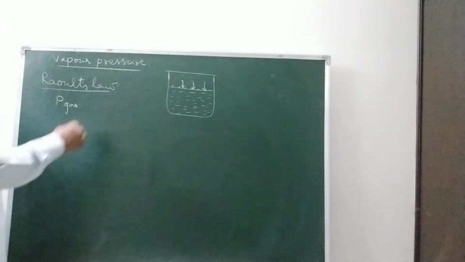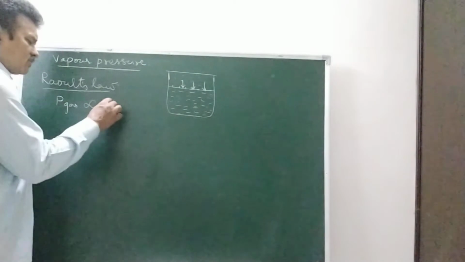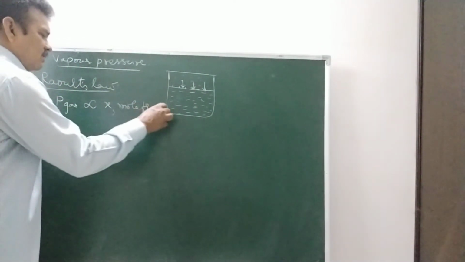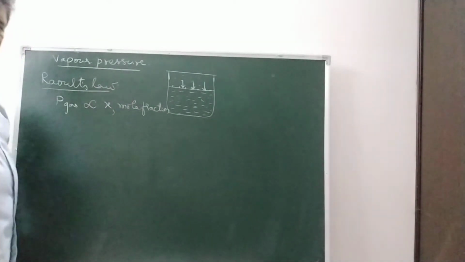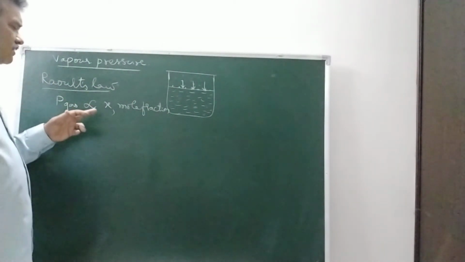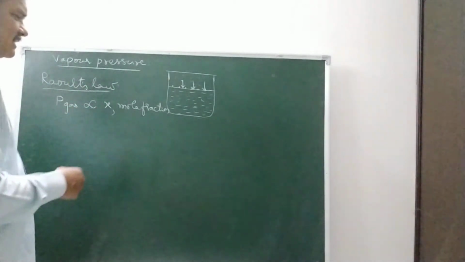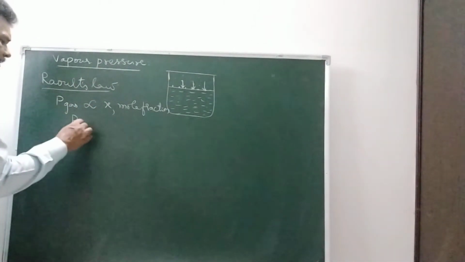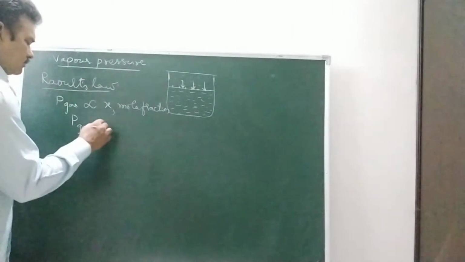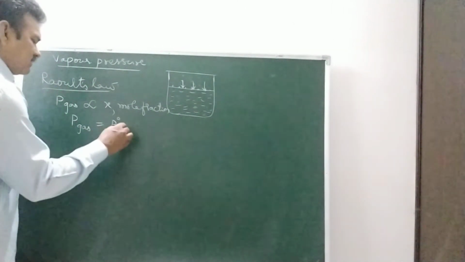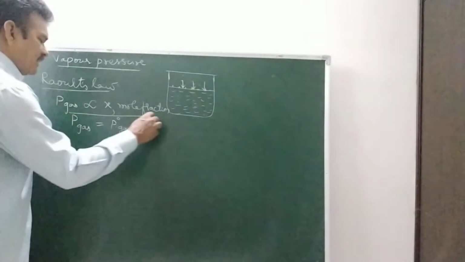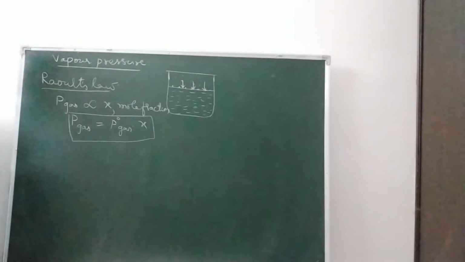P gas is directly proportional to X, the mole fraction. Let the pressure of the pure liquid be P naught, then the partial pressure of the gas is equal to P naught of the gas into the mole fraction.